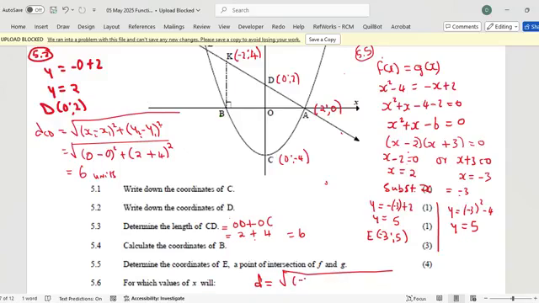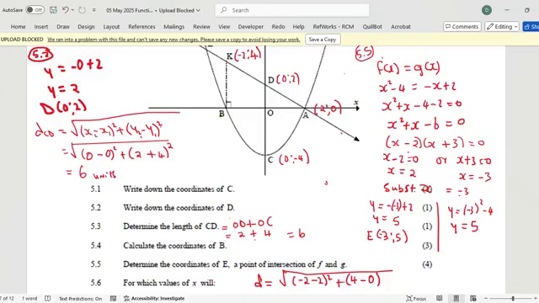x is negative 2 minus x1, that is 2, all squared, plus y2, that is 4, minus y1, that is 0, squared.